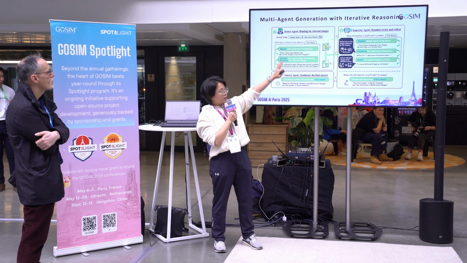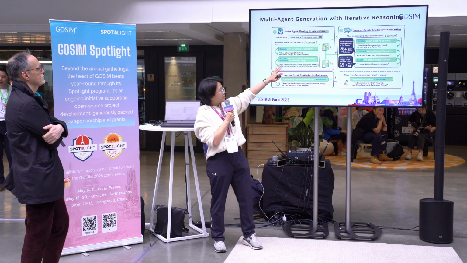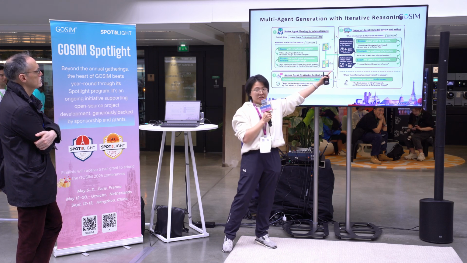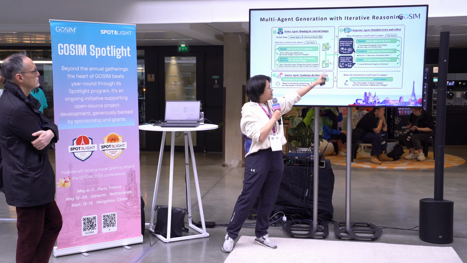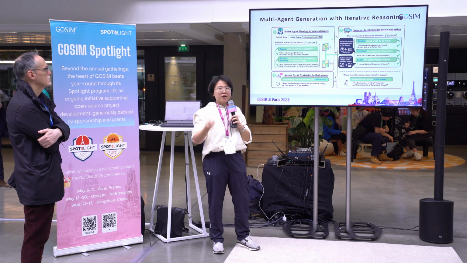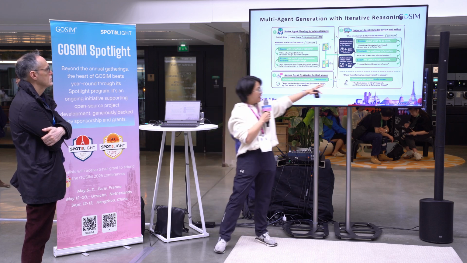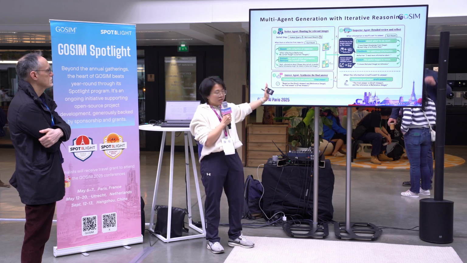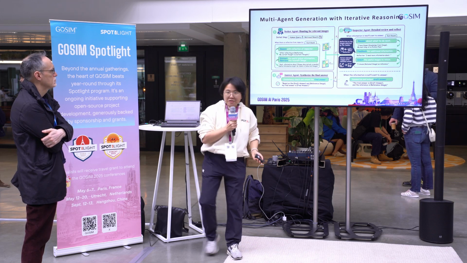After the iterative process between the seeker agent and the inspector agent, once the inspector agent thinks it has enough information, it can generate a draft answer, and finally an answer agent can generate the final answer.